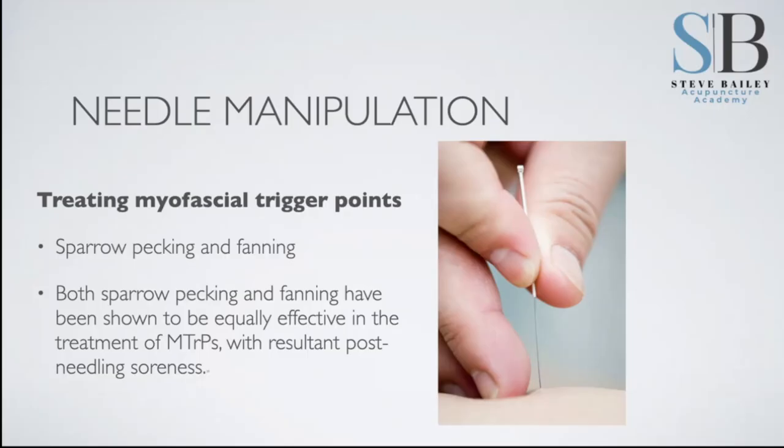However, you need to look at the literature. There's no literature demonstrating that you need to needle all the way down to this so-called nodule. You need to define what deep is. If you look at any research, deep is about 2 centimeters in depth, not all the way down, which could be 3-4 centimeters, where some people are needling right down to the desired muscle to have the effect.